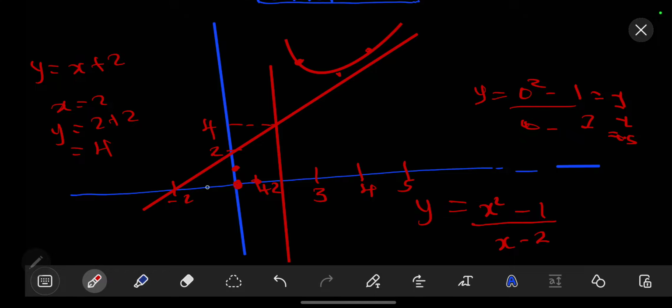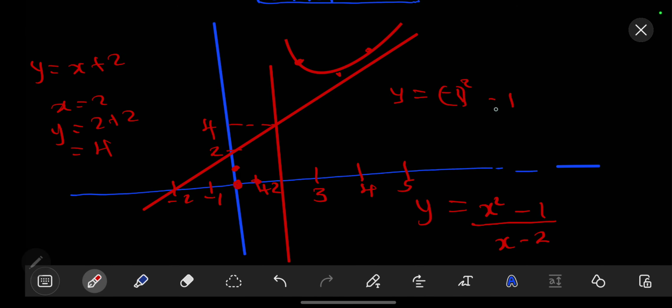Let's look at our last point where x is equal to negative 1. So when x is equal to negative 1, replacing, we have y should be equal to negative 1 squared minus 1. You will realize that negative 1 squared minus 1 is still equal to 0.